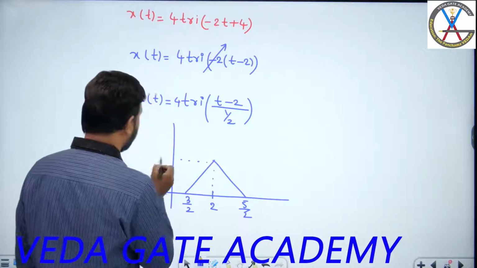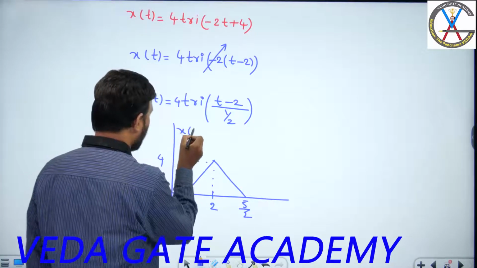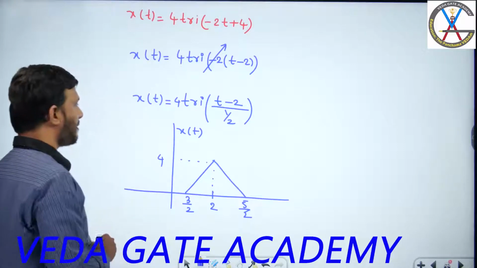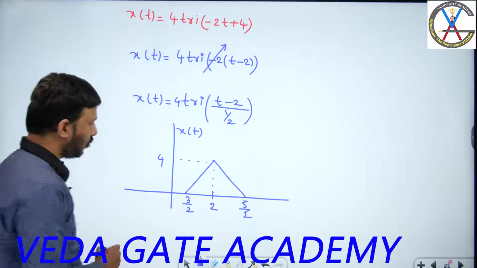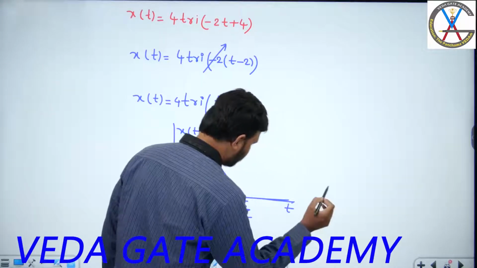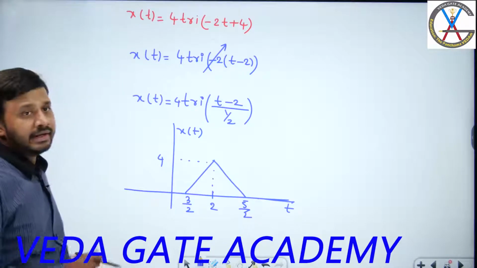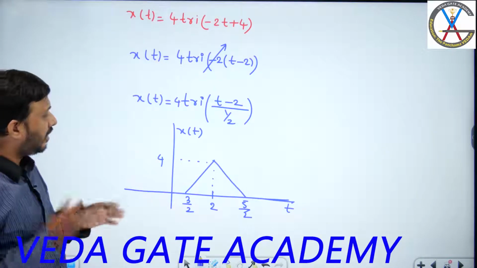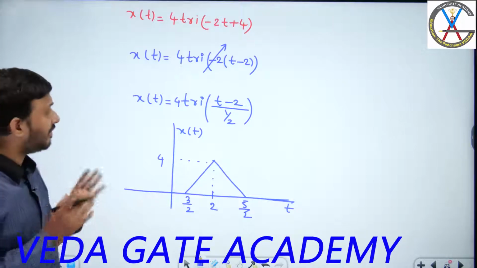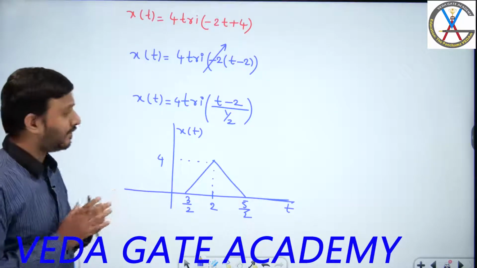This is the shape of the triangular pulse. Hope you also got the same answer. Right? So in this way, you can draw the triangular pulse for various transformations of the independent variable.